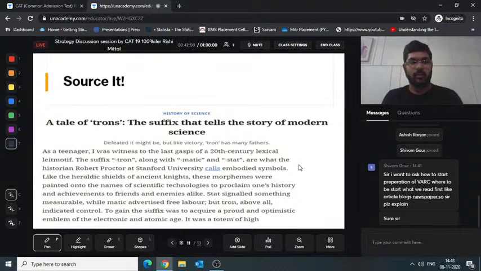Right. So, Shivam, there are a lot of aspects when you talk about VRC preparation. I hope you're asking for CAT 2021 because for CAT 2020 it's a little late to start the preparation. But okay, let's just dive into it. Personally, I was never a person who would read a lot of novels or newspapers or blogs.